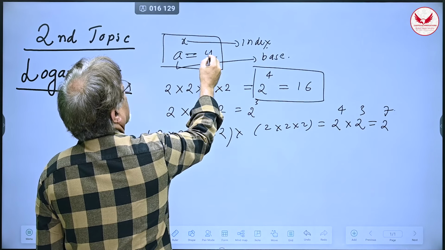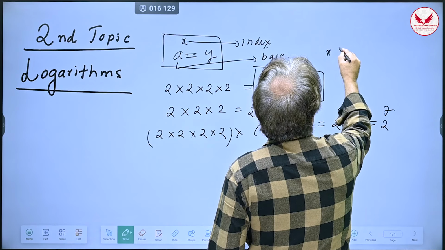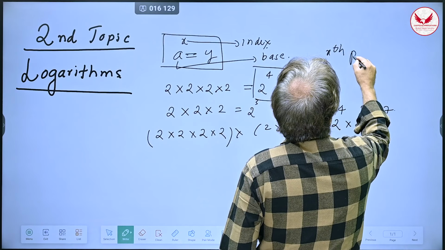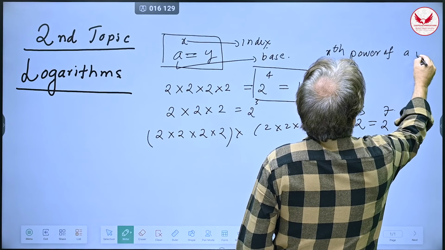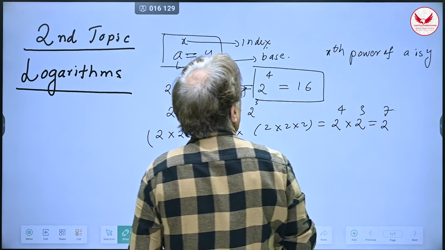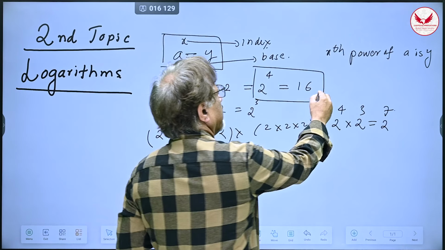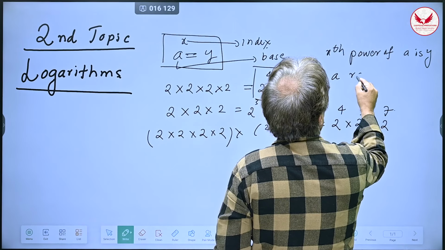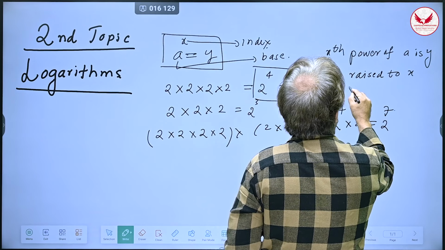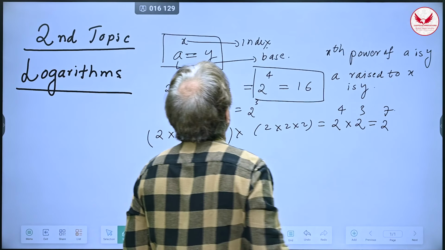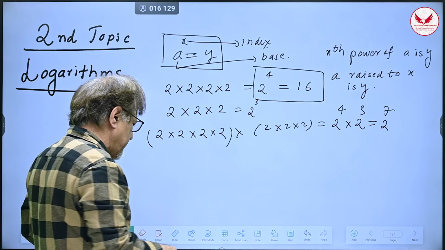And this is the xth power of A. We say the xth power of A is Y, or A raised to X is equal to Y. So that is how this is called index, and therefore there are certain laws of indices.